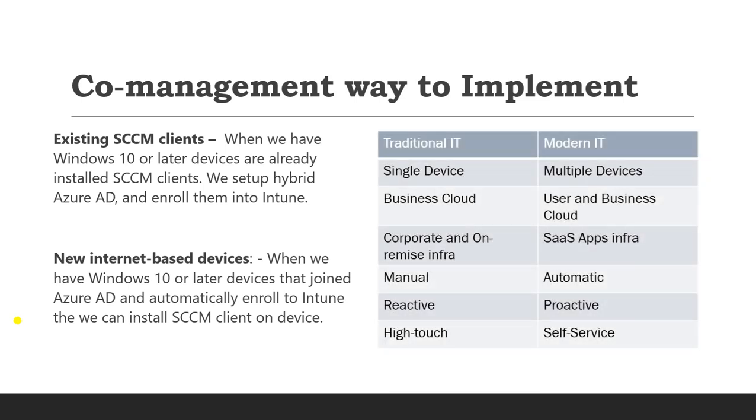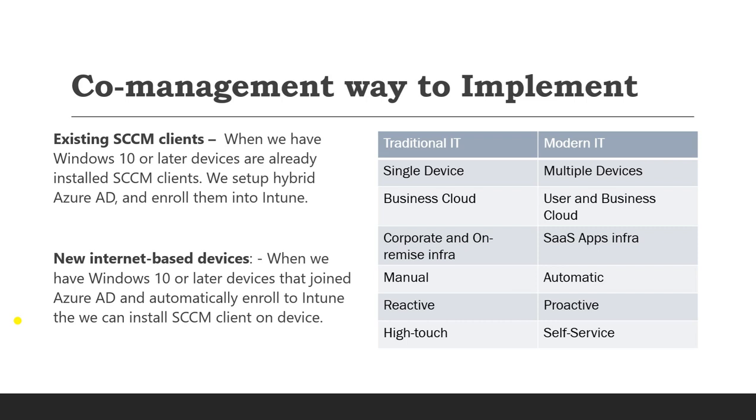As we know, SCCM works in a traditional way, and Intune works in a modern way. In the traditional way, we have single device management and multiple devices, business cloud, and then the user and the business cloud. Traditional is corporate and on-premises.